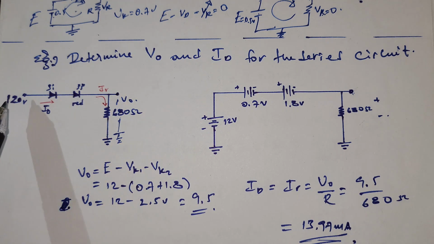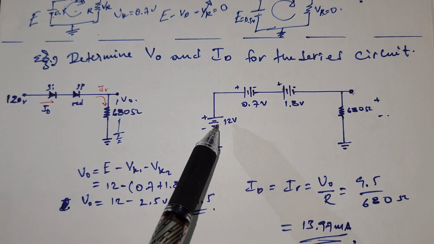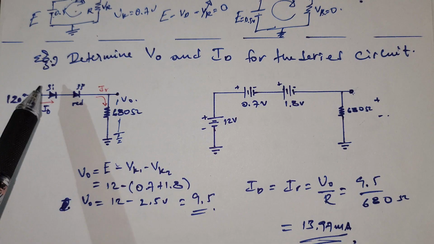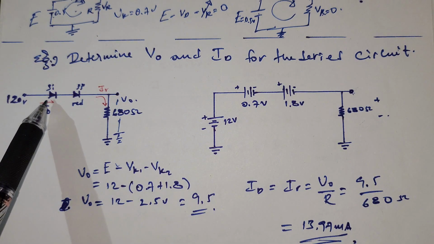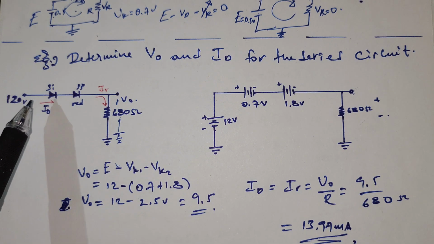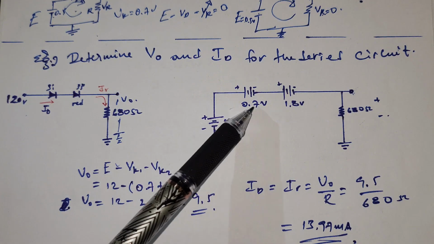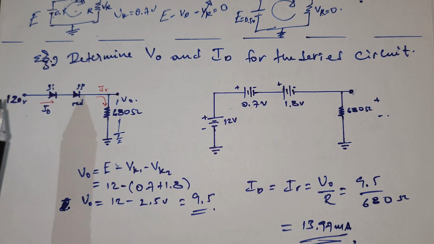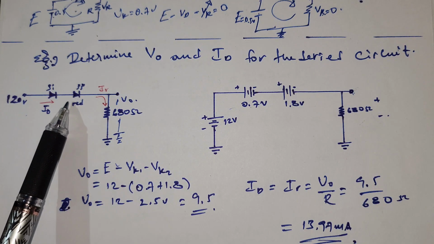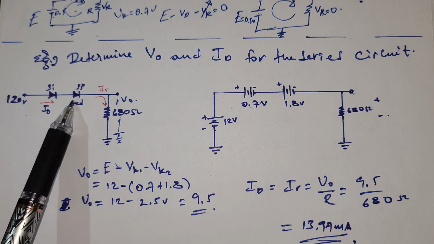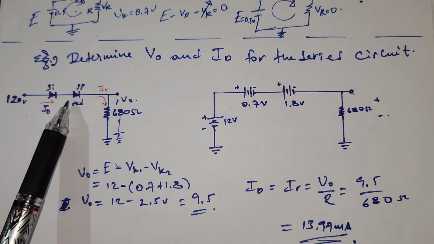As you see, 12 volt is on the supply. The turn-on voltage for the silicon diode is 0.7 volt. It is given, and this is a red LED, light emitting diode.